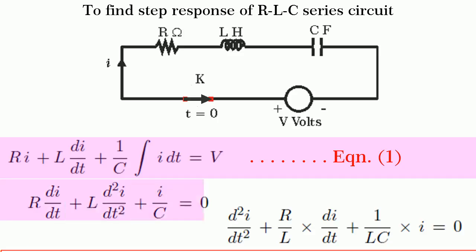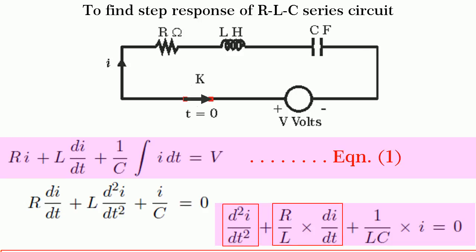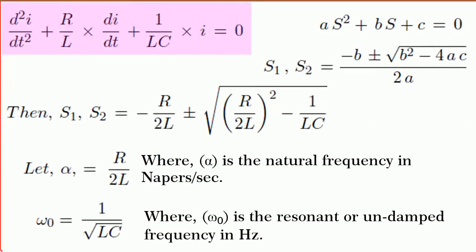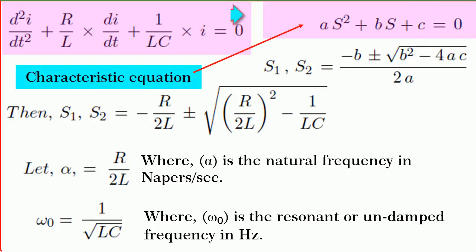Hence, by differentiating and dividing throughout by L, we get d squared i by dt square plus R by L into di by dt plus 1 upon LC into i is equal to 0. You see that this equation is of the form as square plus bs plus c is equal to 0, which has the roots s1, s2 is equal to minus b plus or minus root of b squared minus 4ac divided by 2a.